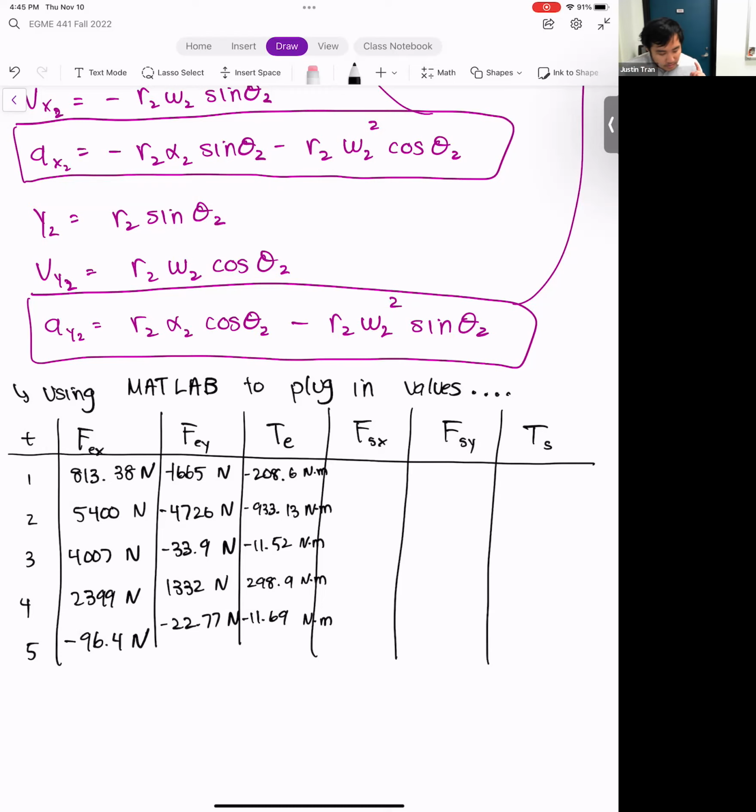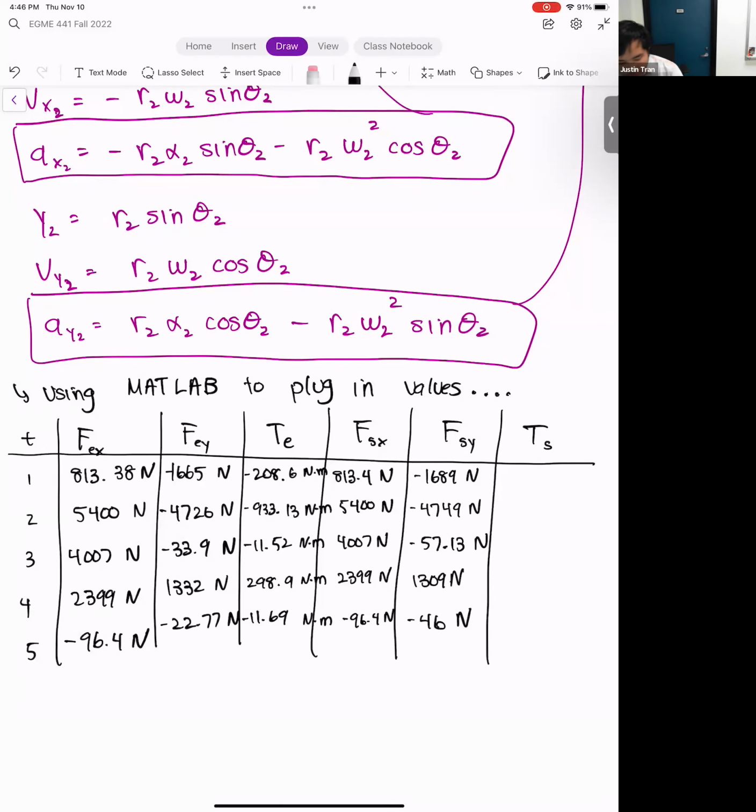Even so, the forces that the upper arm is going to experience are still going to be relevant. Okay. So those are the X and Y forces at the shoulder joint.